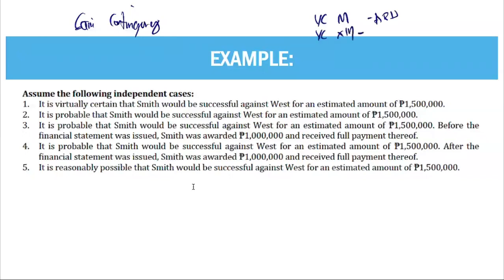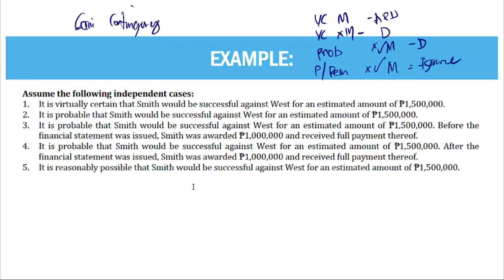Virtually certain, not measurable, disclose. Probable, whether measurable or not, disclose. Possible or remote, whether measurable or not, ignore.